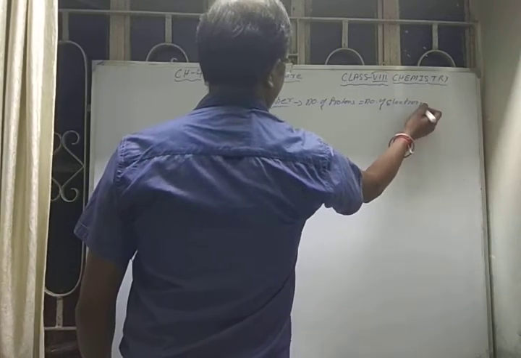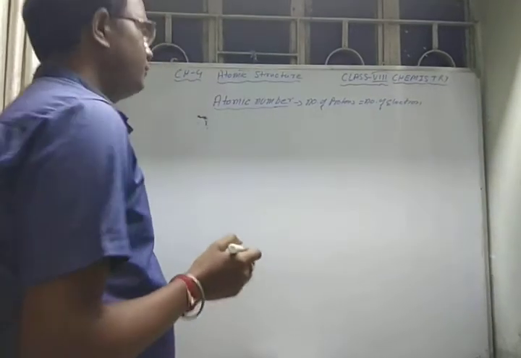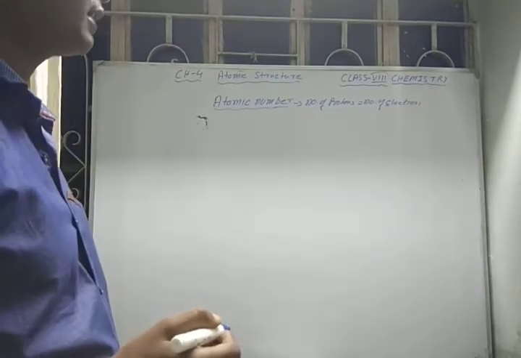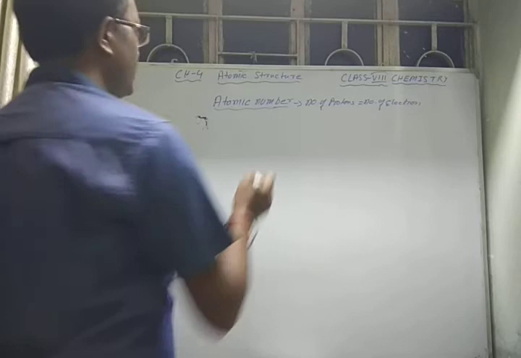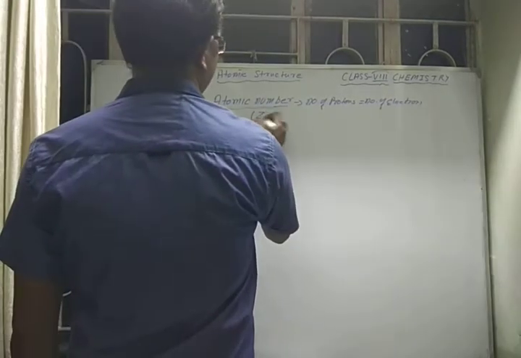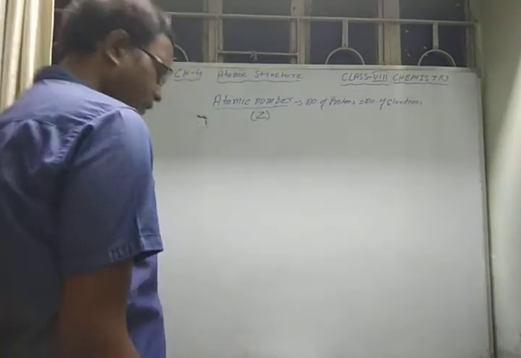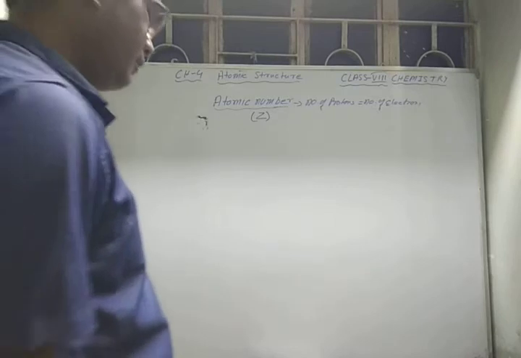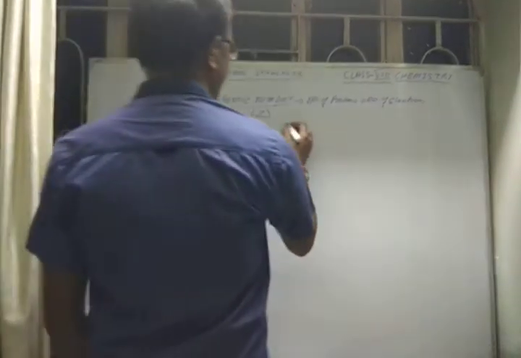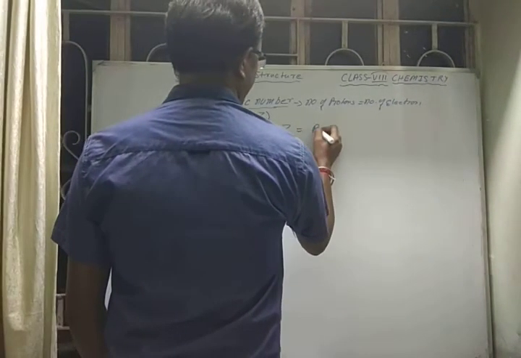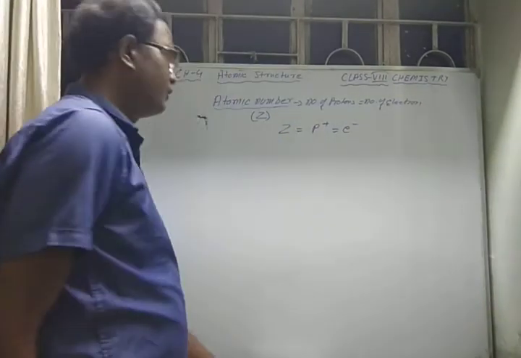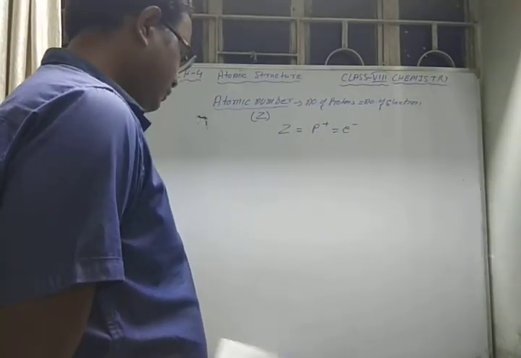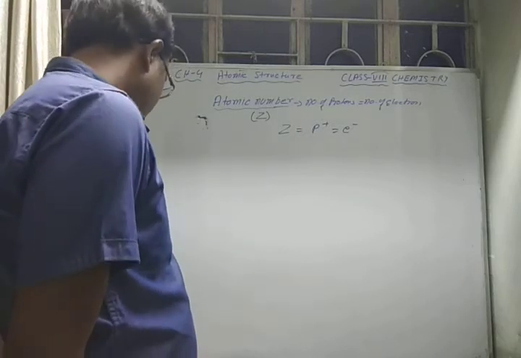The number of protons in an atom is equal to the number of electrons, that's why it is electrically neutral. It is called the atomic number. Atomic number is represented by the letter Z. So we can say Z equals P plus equals E minus. This is called atomic number.